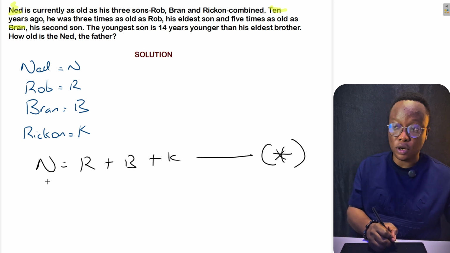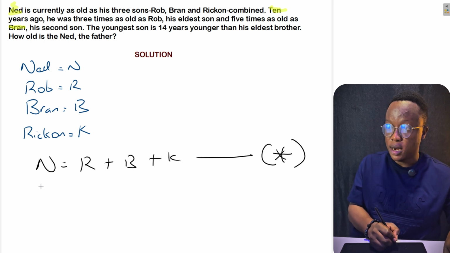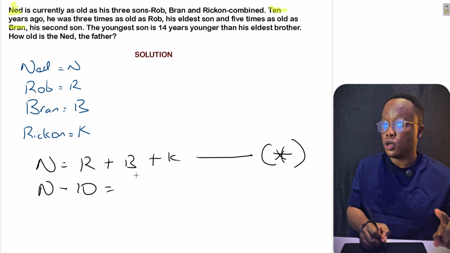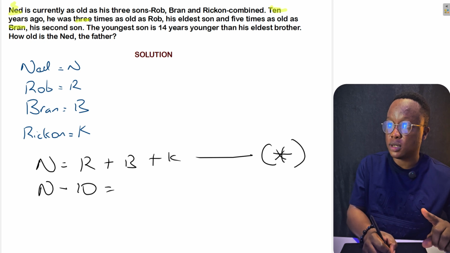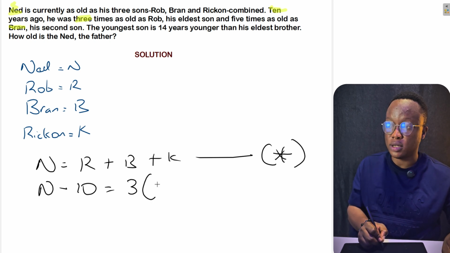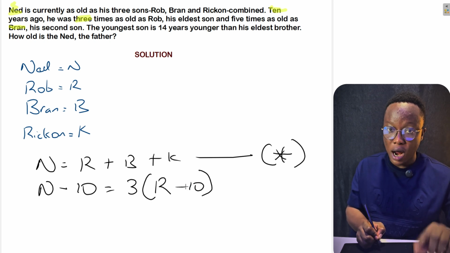10 years ago means his current age, N minus 10, is equal to 3 times as old as his first son, Rob. Rob 10 years ago too, remember? So 3 times R minus 10.